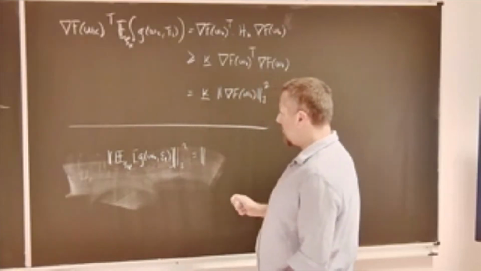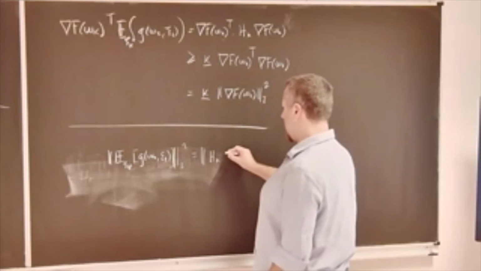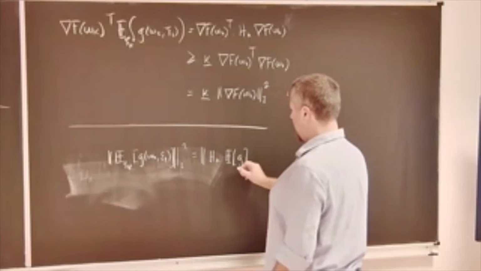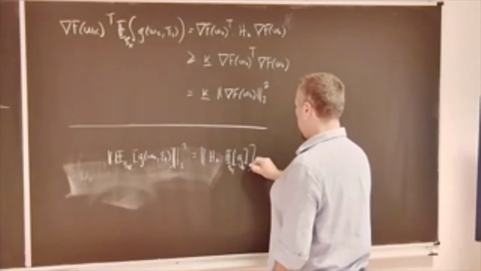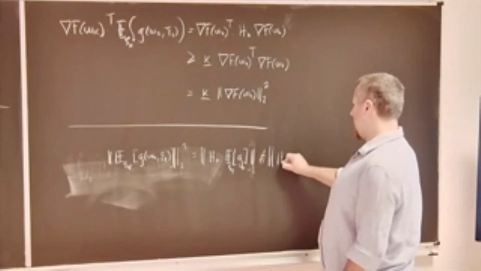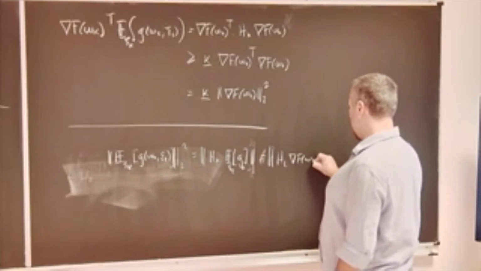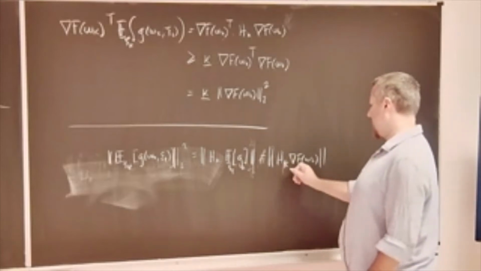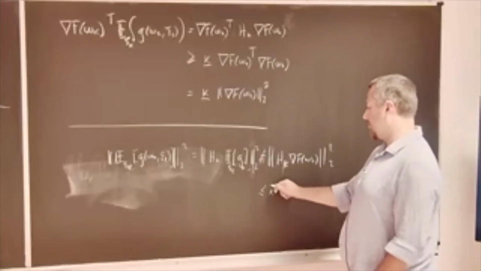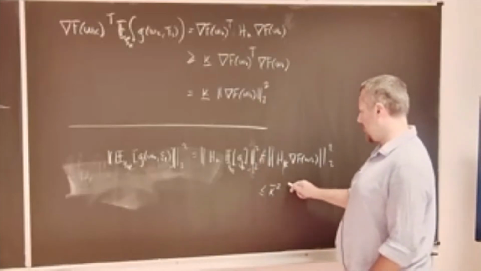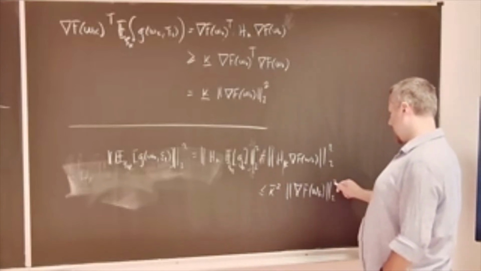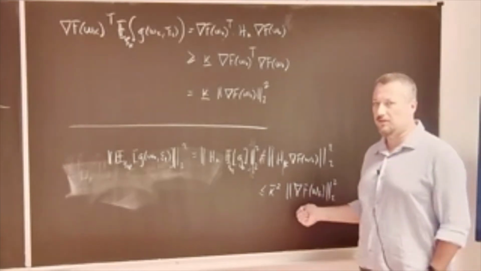This is just again hk times the expected value of g k, and this is just hk times the gradient f of omega k squared, and this is smaller than or equal to kappa overline squared and then the gradient of f of omega k norm squared. So the second condition is also satisfied.